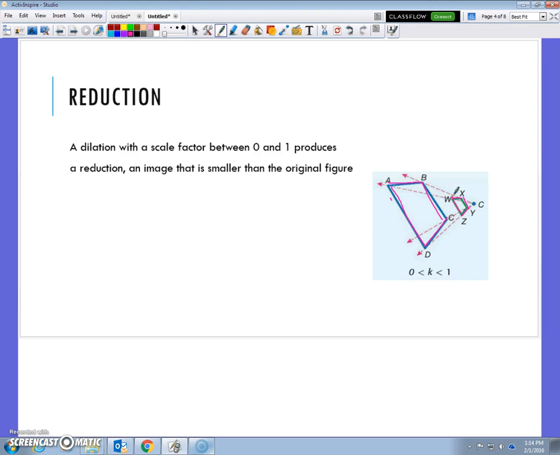We would never have scale factors that are 0 or less than 0. So from a big pre-image to a small image would be a reduction, and the scale factor should be between 0 and 1.